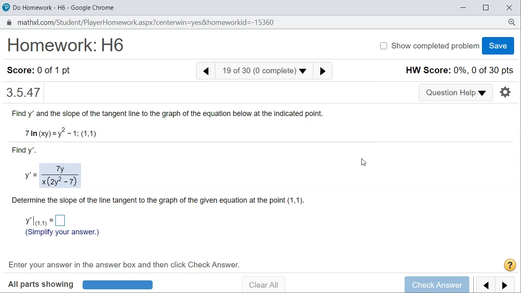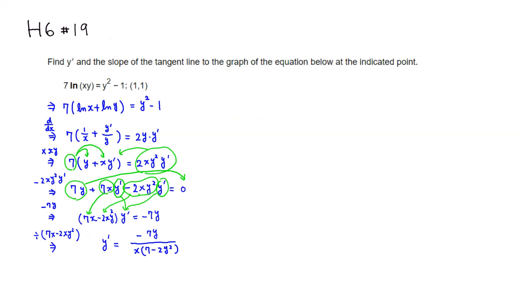Then we just have to evaluate this derivative at (1, 1). So we put 1 for x and 1 for y. Here we rewrote it as 7y over x times 2y squared minus 7.